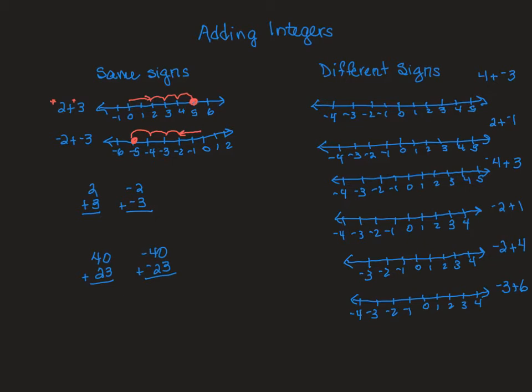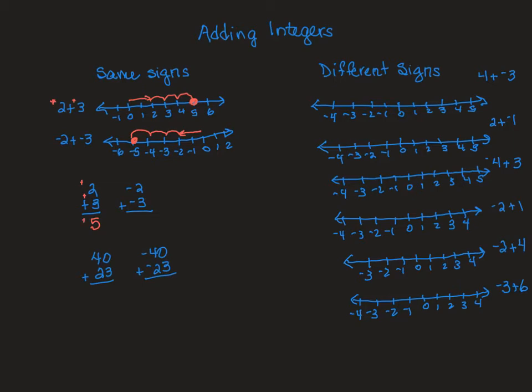Okay, so let's look at it if we just have it in a problem. So remember, these are positives, right? We don't write it, but we do. So positive 2 plus positive 3 is 5. I add the digits, and I keep the sign. Positive 2 plus positive 3 is positive 5.